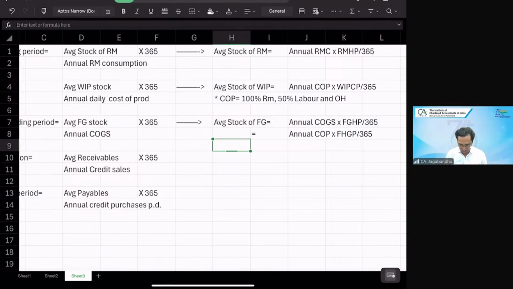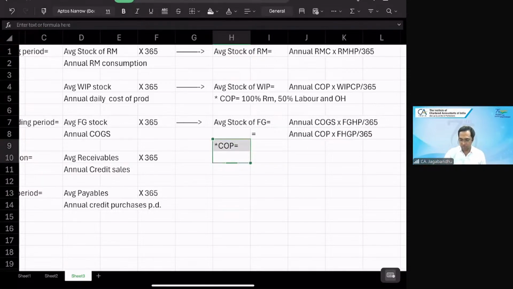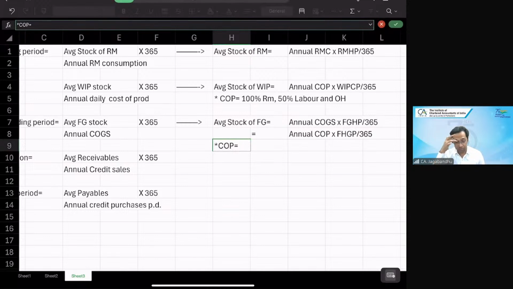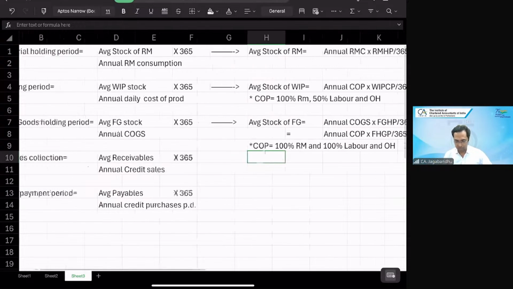But remember, over here the cost of production is going to be 100% raw material and 100% labor and overheads. So here the cost of production is going to be both 100%.